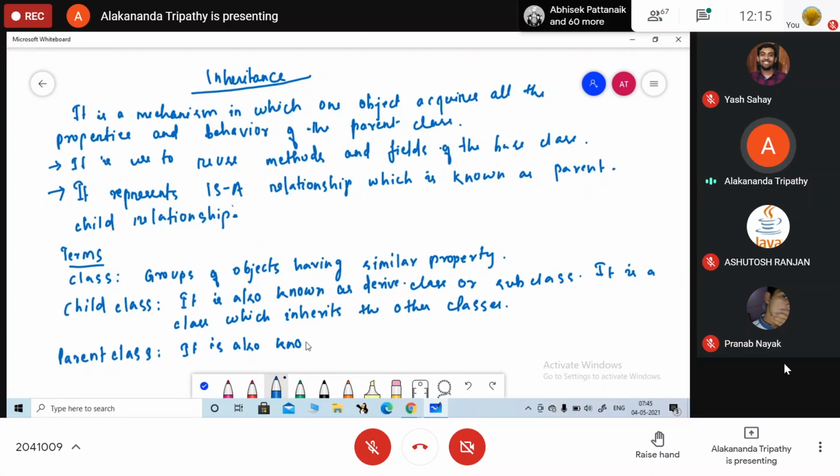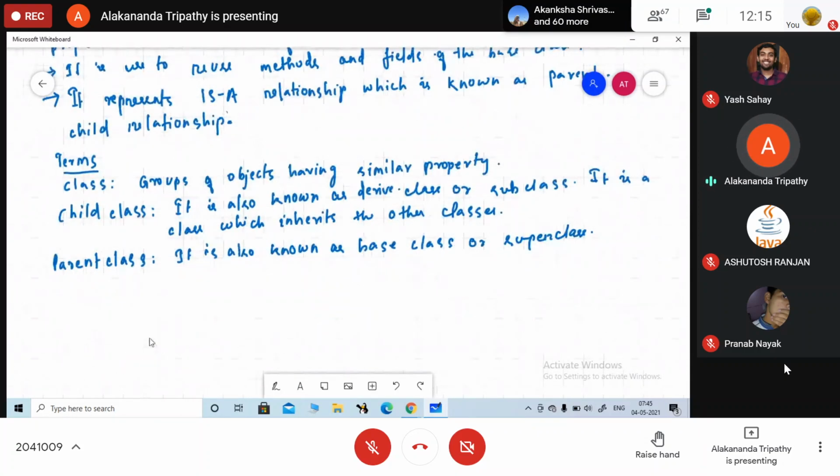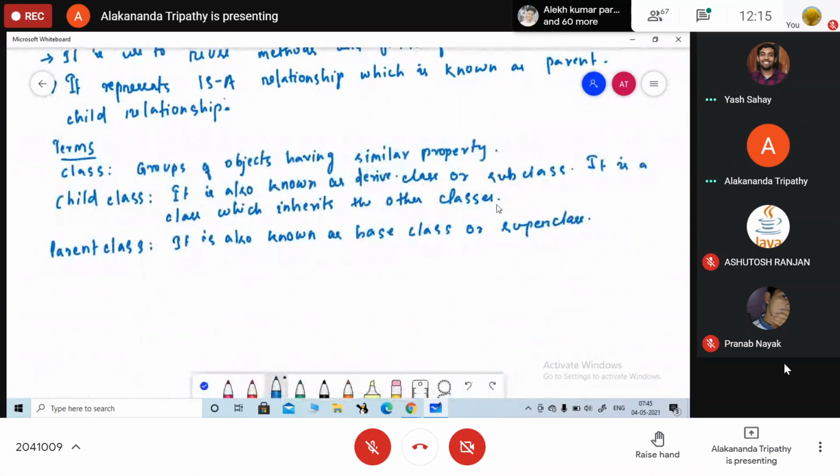So what are you going to do with the parent class? You will inherit the properties. It is going to be inherited, the properties.